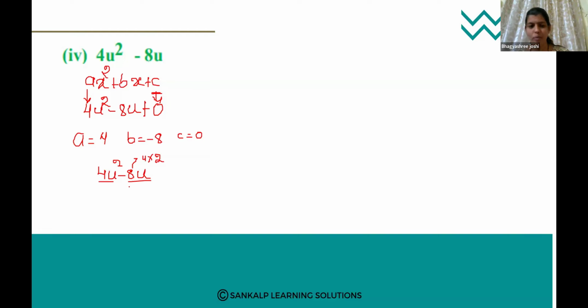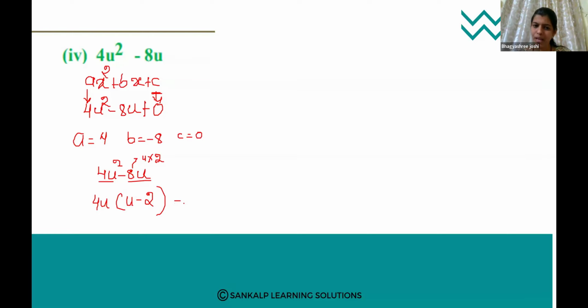So I will take 4u outside. If I take 4u outside, what will remain in the bracket? u minus 2. Now, 4u into u minus 2: these two are the factors of this quadratic polynomial.